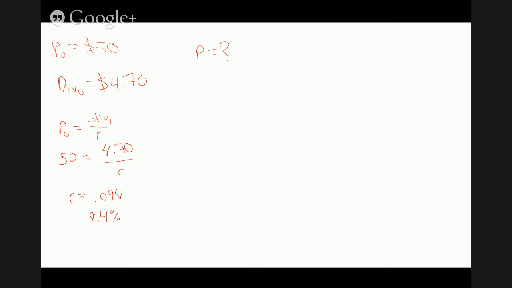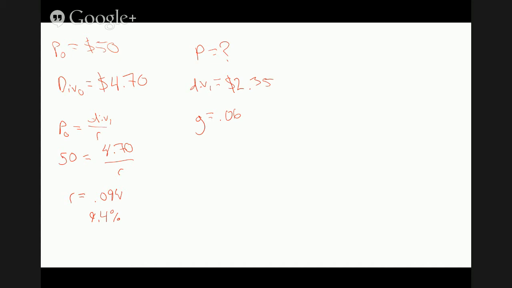So our old dividend is now half of 4.70, which is 2.35. And G will be 6%, which was given to us in the question prompt.